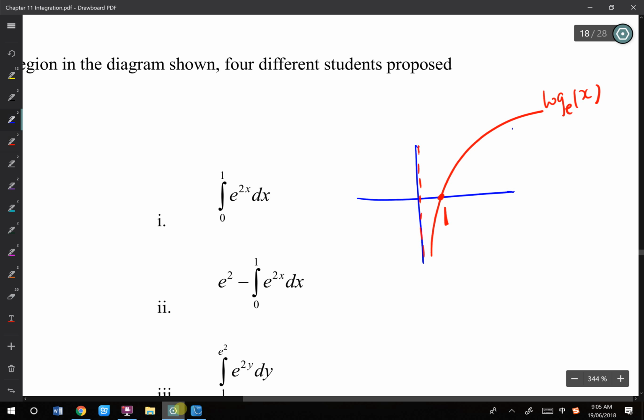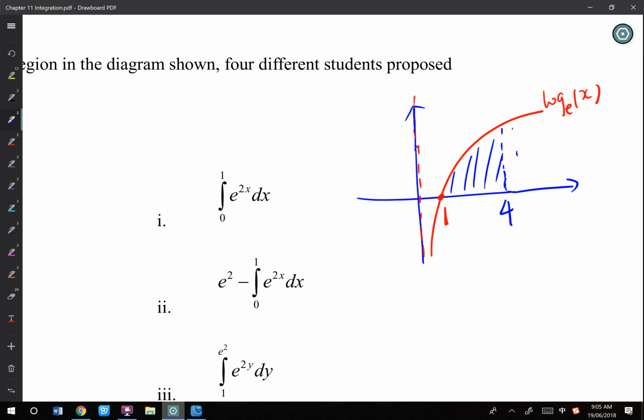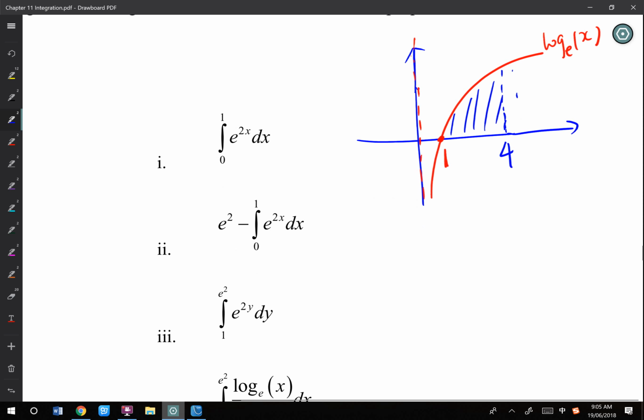And here, say, is 3. The area bound by the curve and the x-axis is here. What's the integral you can give me to describe the area shape? Just give me an integral.